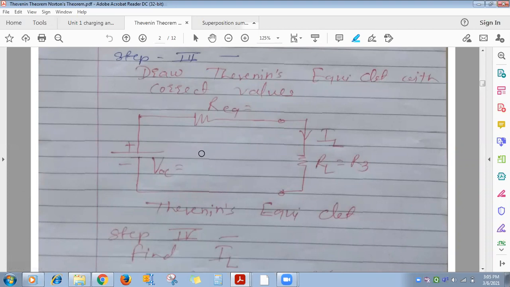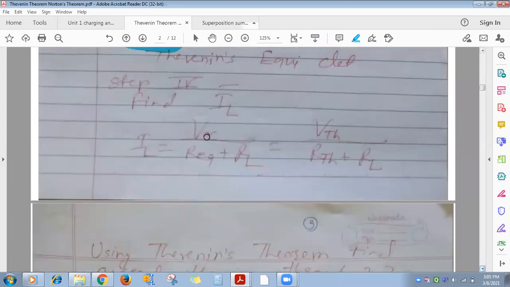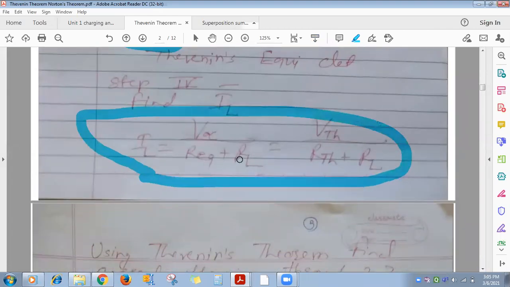Now here VOC you have found out in step 1. This one R equivalent, in step 2. RL is given to you. So applying Ohm's law, IL is equal to VOC divided by R equivalent plus RL, you can find out the load current.